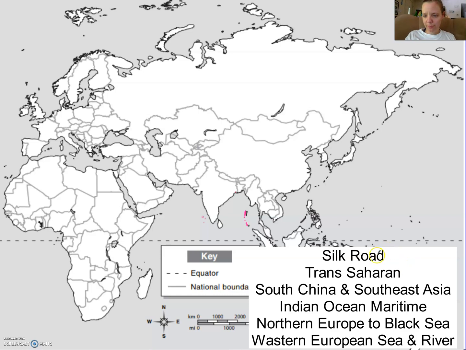So I'm going to click the pen and I'm going to start with this red right here for the Silk Road, right? And this is China here, and it's going to go all the way across to the Middle East. It doesn't have to be exact, obviously, because trade routes are not paved formal roads, right? They're just directional movement that could have gone lots of different places. It's cutting across the Middle East.